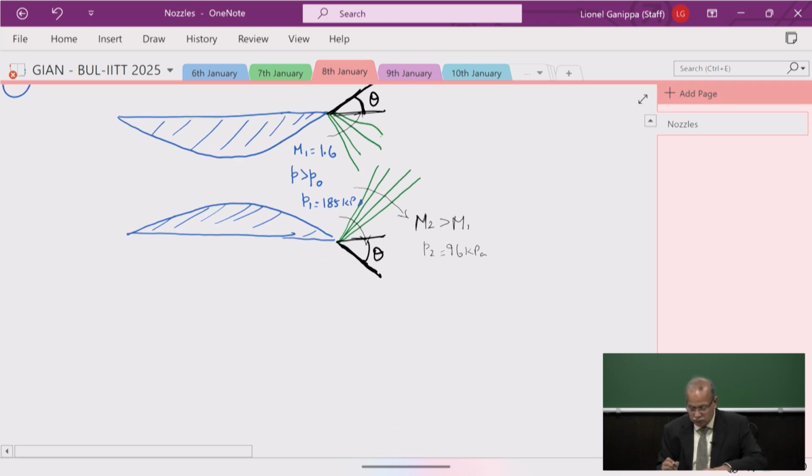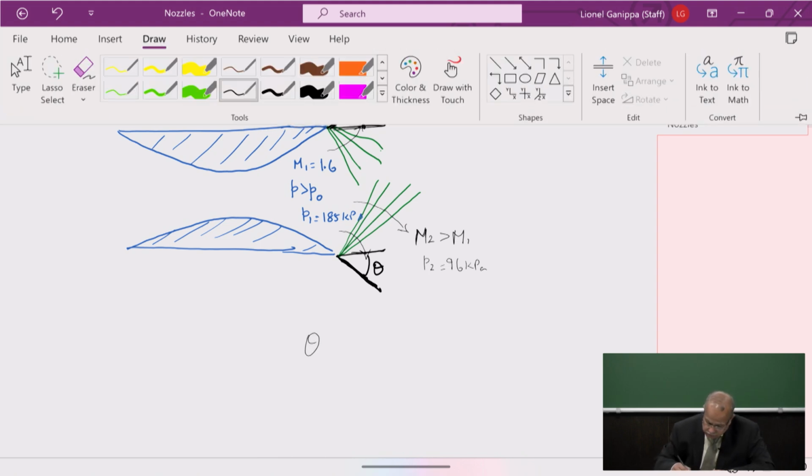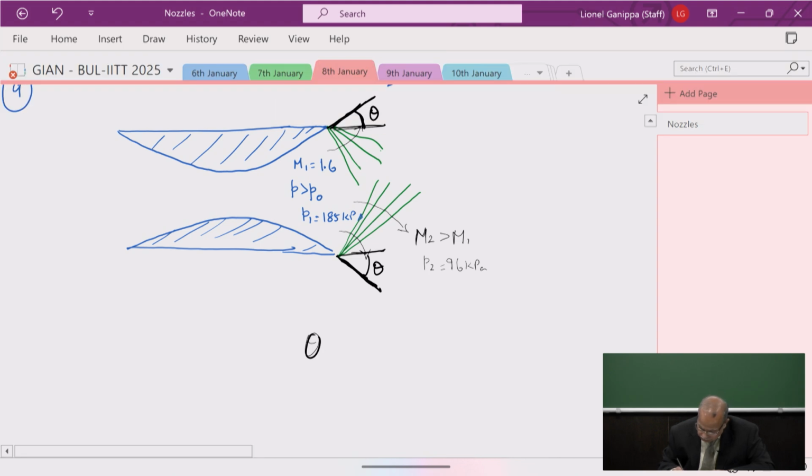The way to determine this is to use the Prandtl-Meyer function. The flow turning angle is the Prandtl-Meyer expansion angle at M2 minus the Prandtl-Meyer expansion angle at M1.